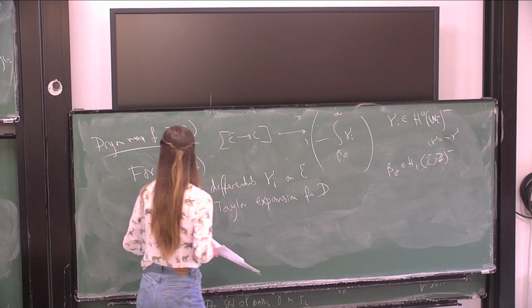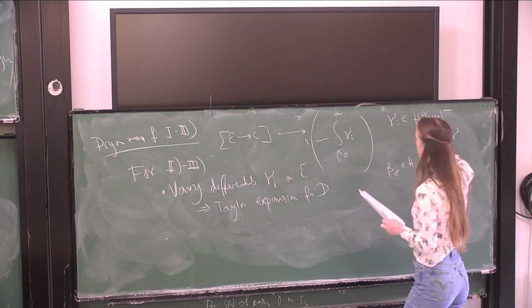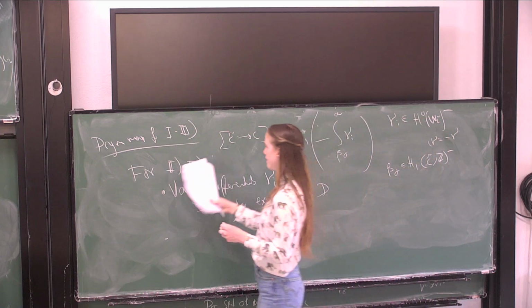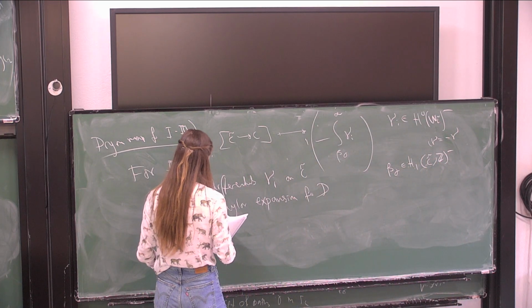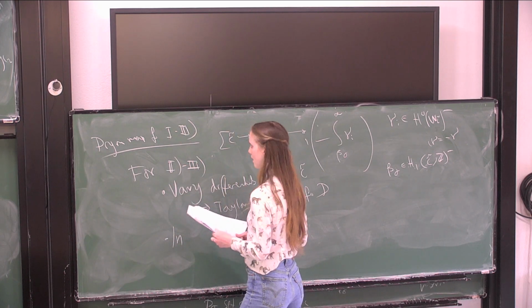And then to be able to study the coefficients, you would like to know how you can describe the space. And in these cases, it turns out that this space can be described in terms of linear systems on the components of the downstairs curve C.